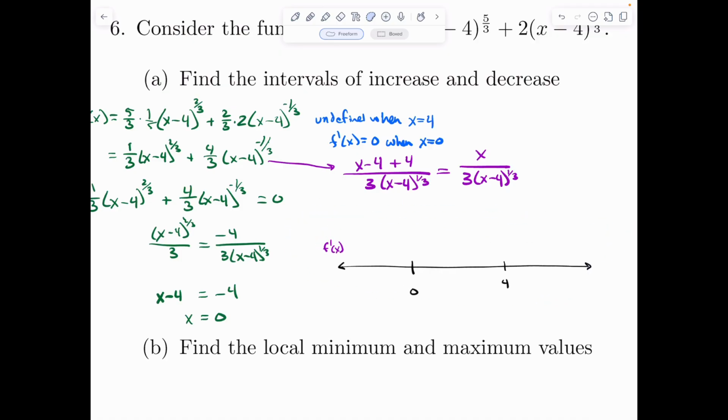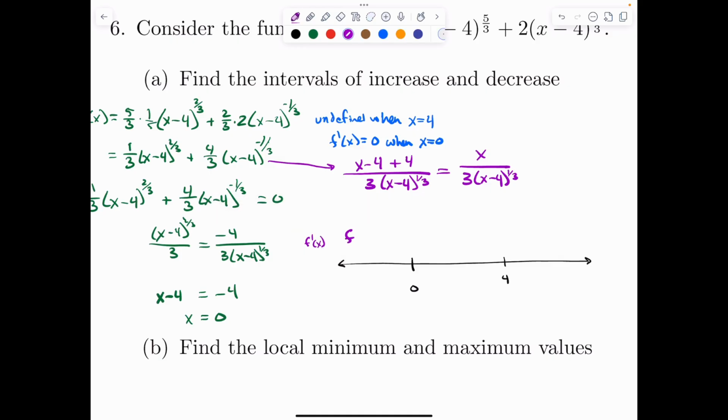Okay, so that's going to be a lot easier to parse when we deal with this stuff. So let's just move this down a bit. Okay. So we'll pick something like f prime of negative 3.